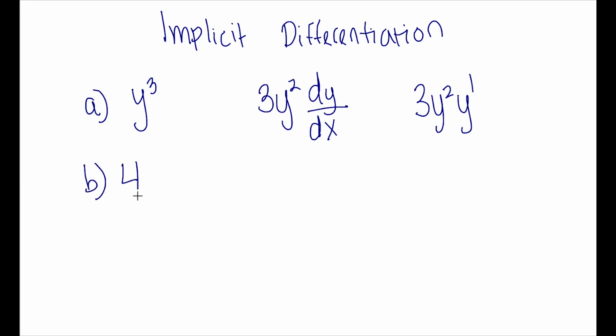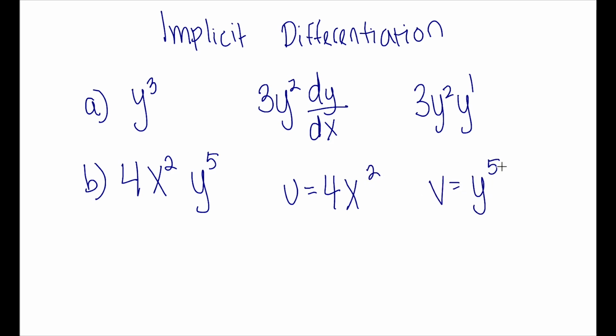So let's see if we had to find the derivative of 4x squared y to the fifth. So of course we have to use product rule. u would be 4x squared and v would be y to the fifth. Now u only has an x, so we can just go ahead and find the regular derivative, which would be 8x.